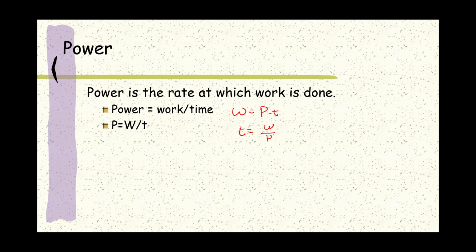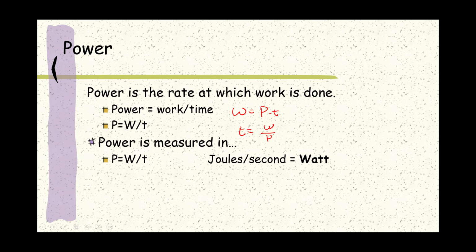If we look at the units, again, you've got joules for the work. Time is seconds, so joules per second. And just like with the joule, we wrap up a joule per second in another unit called a watt, which may sound familiar, like light bulbs measured in watts. A 60-watt light bulb, a 100-watt light bulb. That is measuring the amount of power it is using.